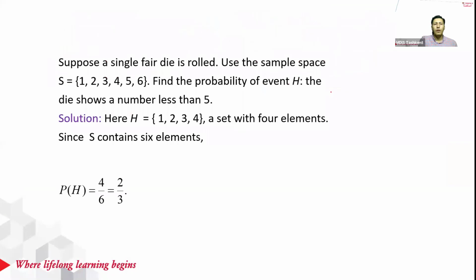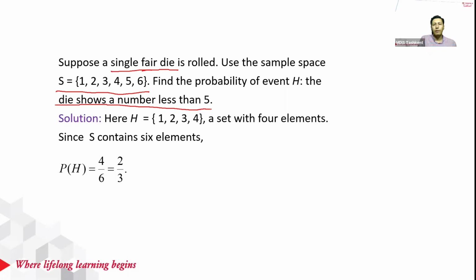Okay, here. Suppose a single fair die is rolled. Use the sample space. If it is a single die, then the sample space will be 1 to 6. Find the probability that the die shows a number less than 5. Less than 5 can be 1, 2, 3, or 4.